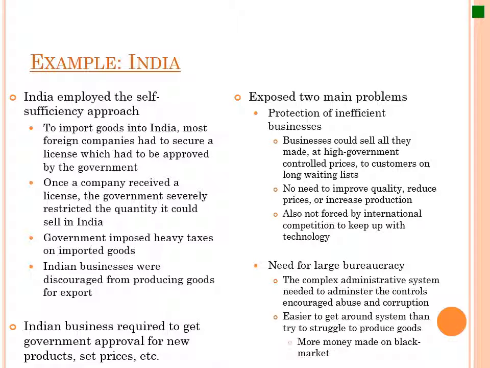The other thing is, because of having to deal with the bureaucracy of setting prices and licenses for Indian companies, but also licenses and tariffs for foreign companies, the bureaucracy got so big India just couldn't maintain it. Ultimately, people bought things on the black market, and that undermined the whole idea. So India did not stay with the self-sufficiency model for very long.